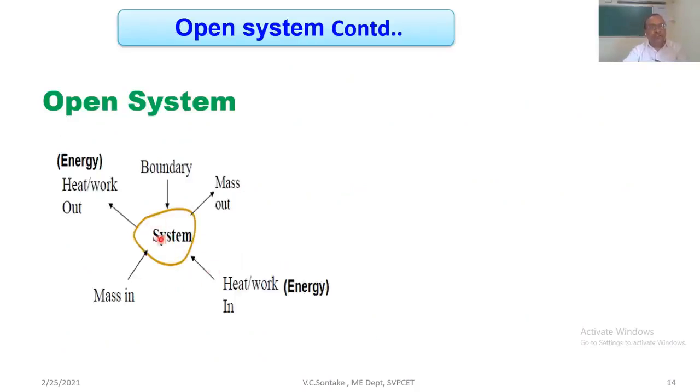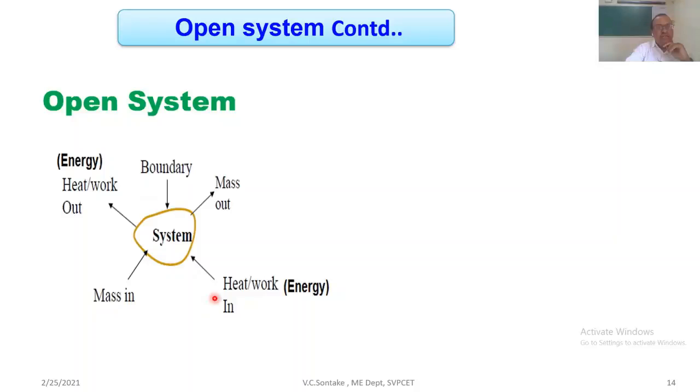So if this is the open system, mass can either enter or leave. Mass can only enter or mass can only leave. Energy in the form of heat or work can enter or leave. Energy can also enter in the form of heat and leave in the form of work.